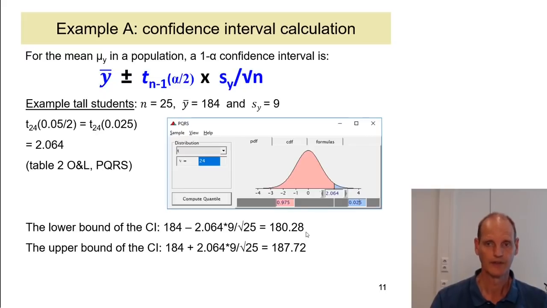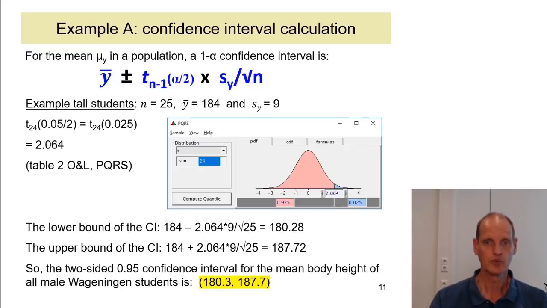The upper bound is calculated similarly, 184 plus 2.064 times 9 over square root 25, and that is 187.72. The error margin is 3.7. So the two-sided confidence interval for the mean body height of all male Wageningen students is 180.3 to 187.7.